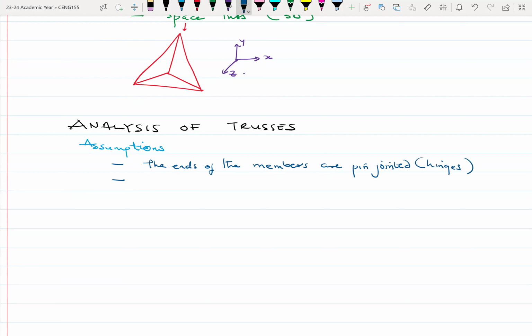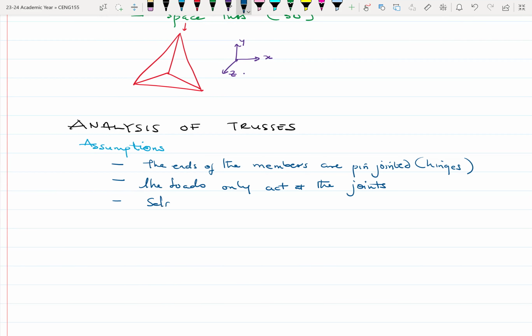So they are hinges. In reality, you don't have a perfect pin joint. There'll be some small element of moment over there. But for analysis's sake, we assume that all the ends are pin jointed and that the loads we apply only act at the joints. So the loads do not act on the members themselves, the loads act on the joints. Please take note.